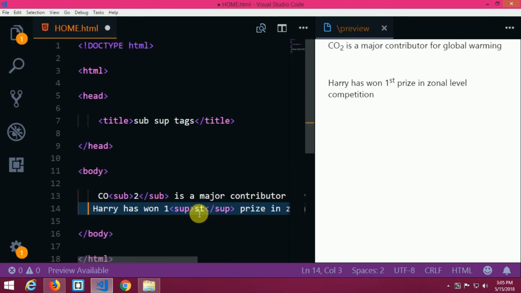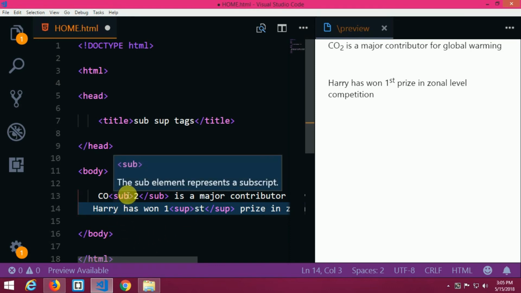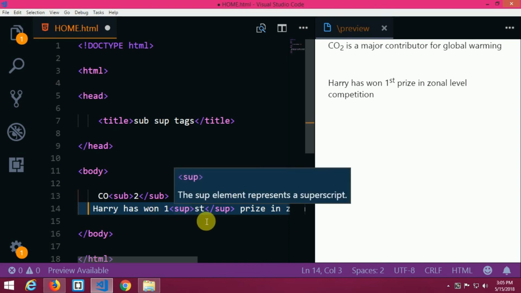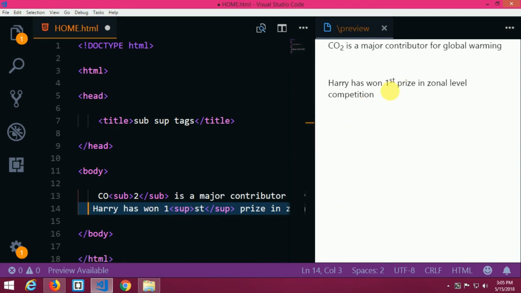The easiest way to remember is that b and p are somewhat similar. B is facing downwards and p is facing upward. So sub means the number will be down, and p is facing upward, so the element will also be in the upward position. This is the easiest way to remember it.